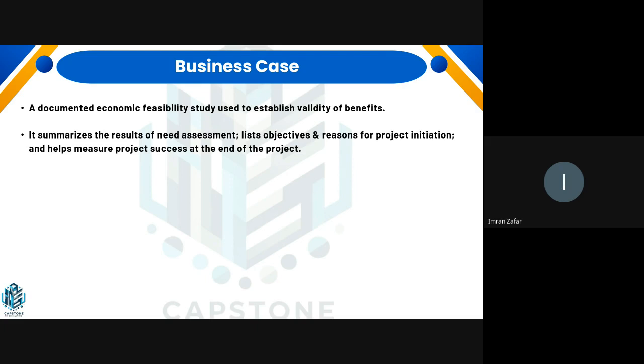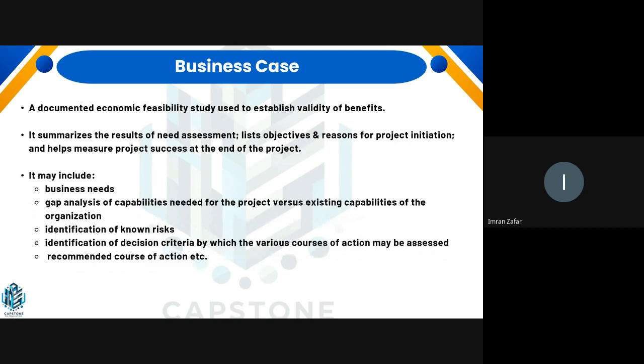So a summary of those results is also part of your business case. What are your reasons or objectives for the proposal of that project, and how you are going to measure success at the end of the project? What kind of business need is there for that project?